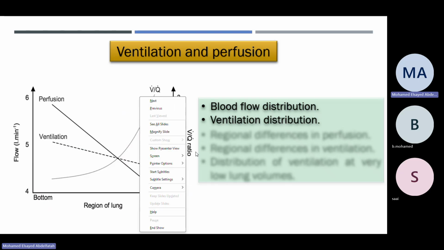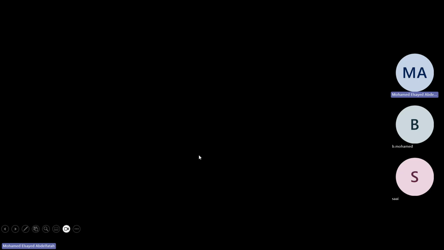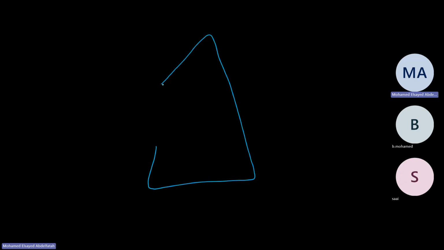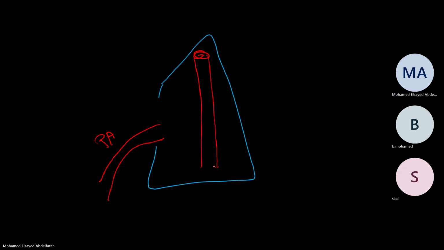The same as for ventilation. Okay? This is the lung, and this is the pulmonary artery, and this is the column of blood. And this patient is upright.